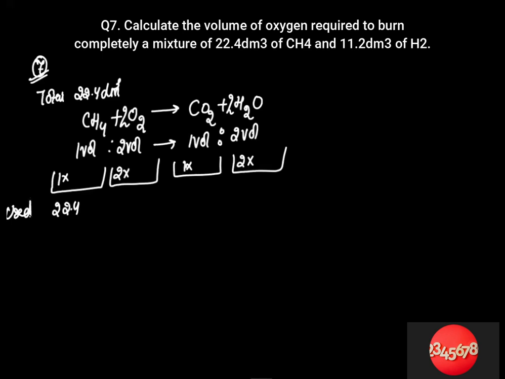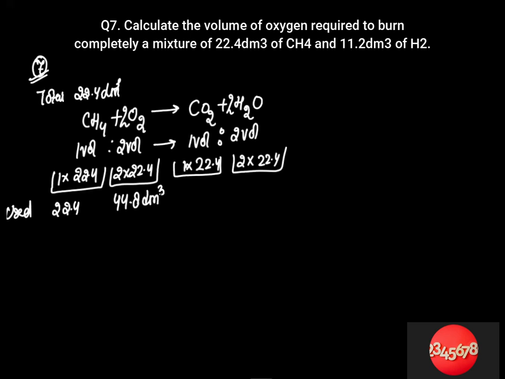Whole used, only one reacted. Oxygen is infinite then. We have to find only the oxygen used. The question doesn't say find the product, so we are not finding the product.